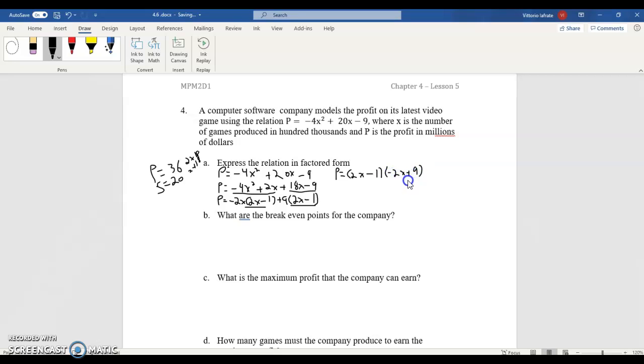And typically, like I said, what I like to have is my x values being positive in these brackets. So I can pull out a negative 1 from here. So if I do that, I get P is equal to 2x minus 1 times negative 1 times 2x minus 9.